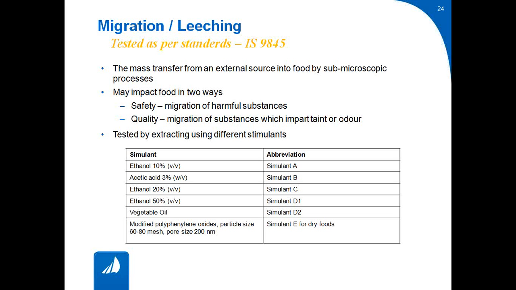Now there is something called a specific migration also, where when we are packing a specific product, my product has a specific type of material, like some other oil or some other acid, or it can be anything. So we will do a specific migration using that as stimulant, and there are restriction values declared in the standards, so it has to comply to that.